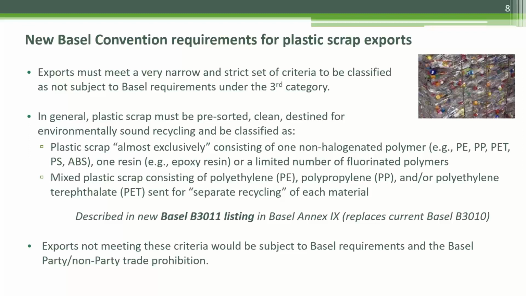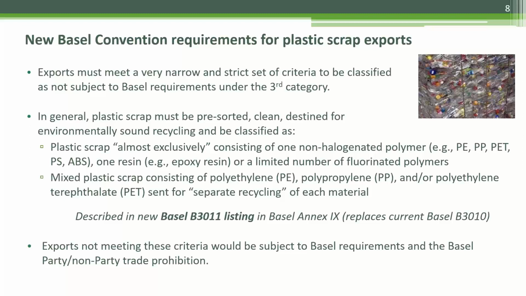Two, plastic scrap almost exclusively consisting of one cured resin or condensation product. An example is epoxy resins, which are commonly used in harder thermoset plastics. Three, plastic scrap almost exclusively consisting of one of a limited number of fluorinated polymers. Or four, mixed plastic scrap consisting of either polyethylene, polypropylene, and/or PET, which is sent for separate recycling of each of those materials.